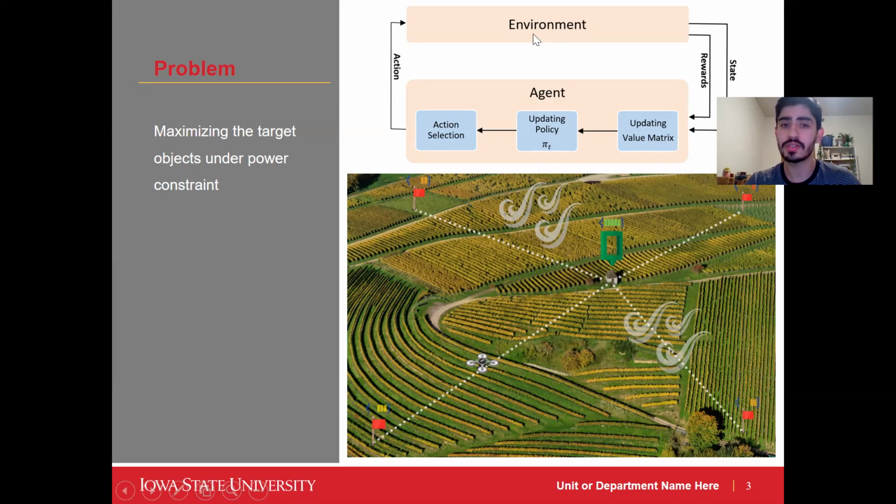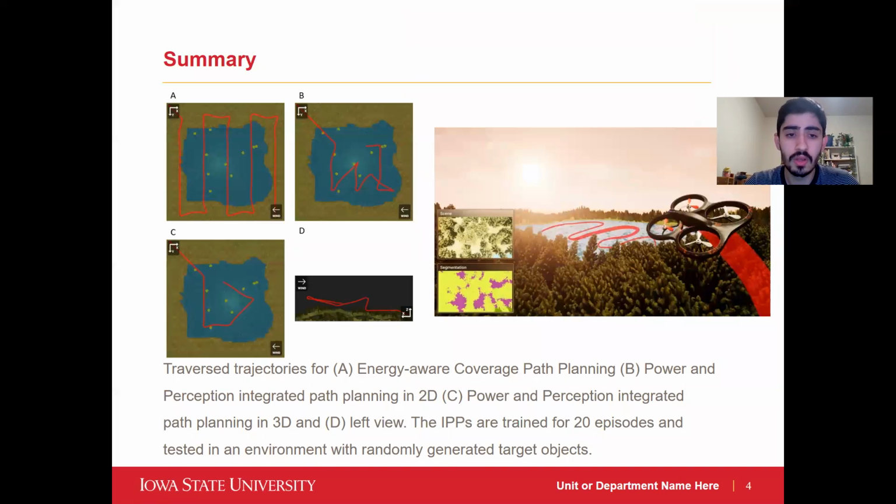And for that, I used this reinforcement learning framework and treated the environments with sensory information as a simulation environment as my test environment, and tried to come up with a policy that maximizes the rewards per episode, which would constitute with the path with most amount of objects detected with least amount of power consumed.